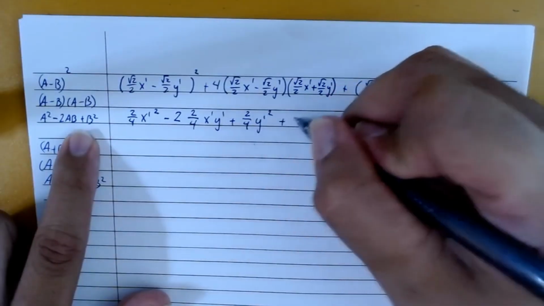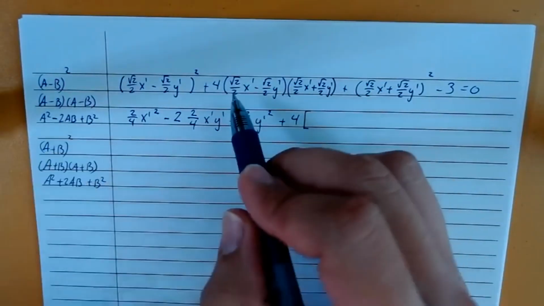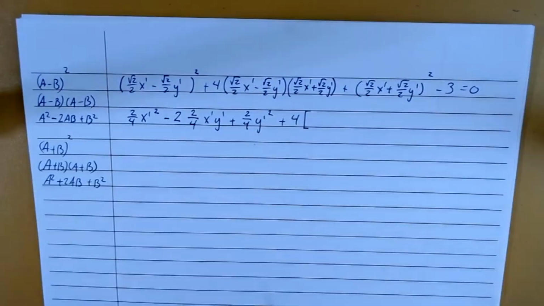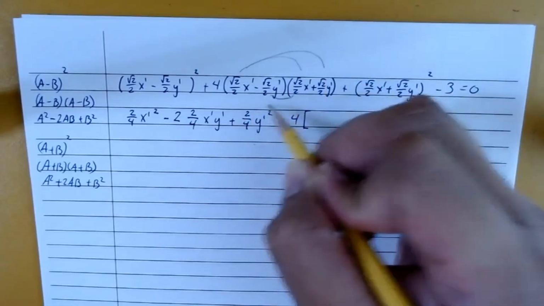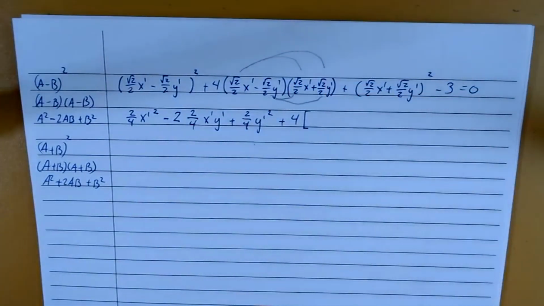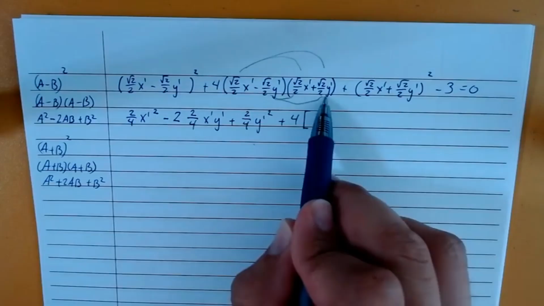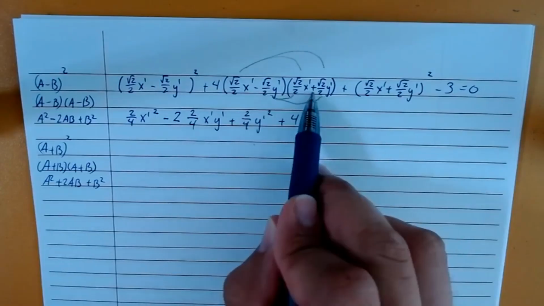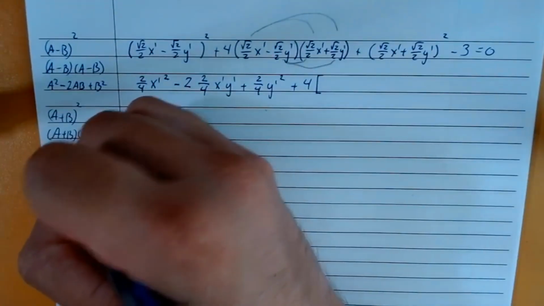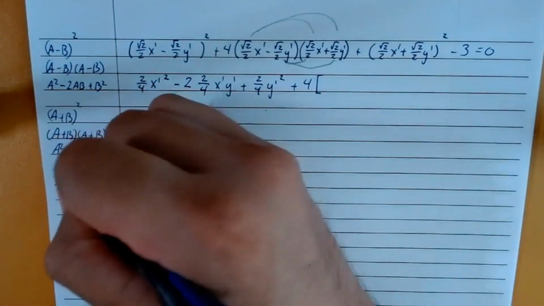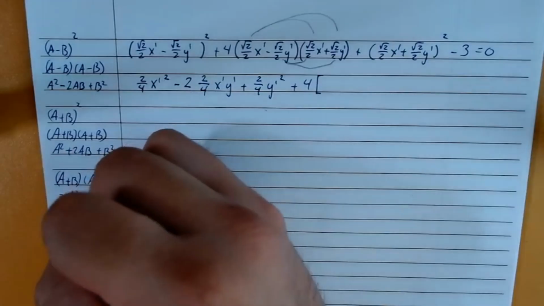Okay. Plus 4 times, we're going to multiply these together. Okay, so now here we're going to have to distribute. There, there, there, and there. Notice these are conjugates. That's the same as that one, and this one's the same as that one, but they have opposite signs. One's adding them and one's subtracting them. Remember that when you multiply together conjugates, a plus b times a minus b, that's a times a is a squared.